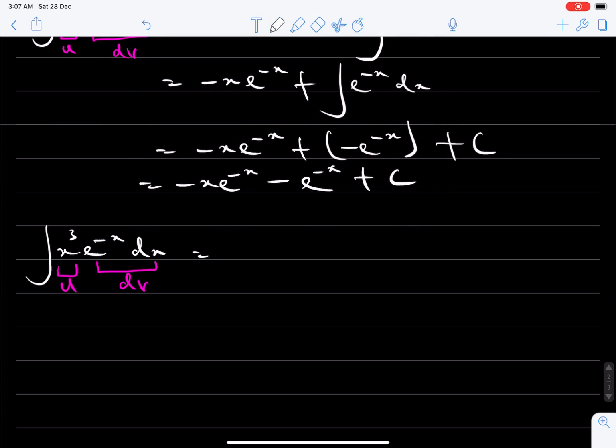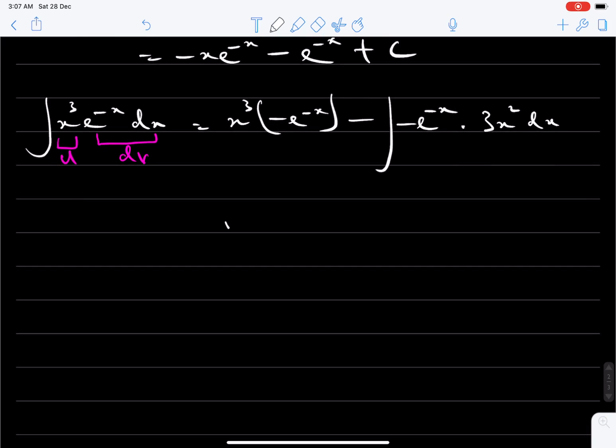That means uv, which is x cubed, times v, which is minus e raised to power minus x, that's the integral of e raised to power minus x, minus the integral of v, which is minus e raised to power minus x, times du, which is 3x squared dx.